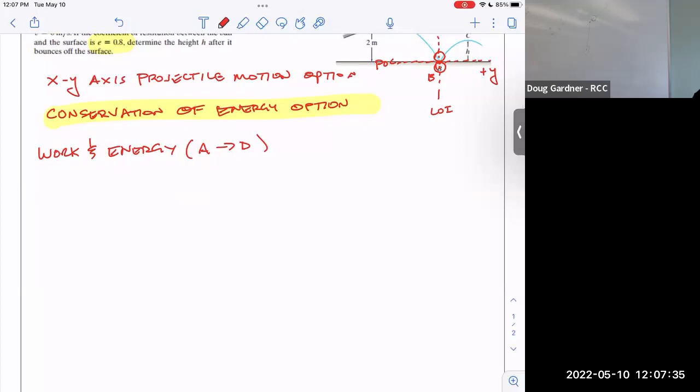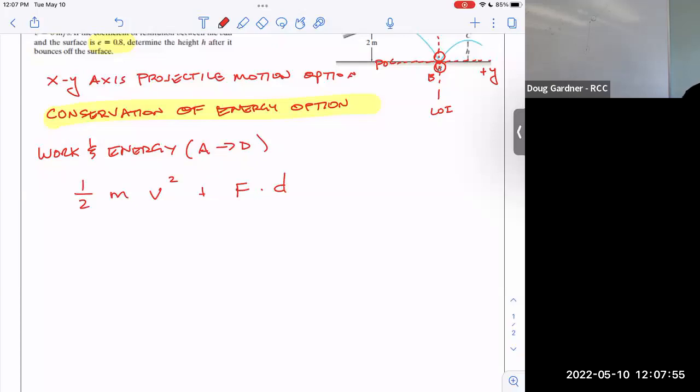Okay, so let's see. Work and energy equations. 1/2 times the mass times the velocity squared. That was the energy that was kinetic motion energy. And then we had work, which was a force times a distance. That was the potential energy.